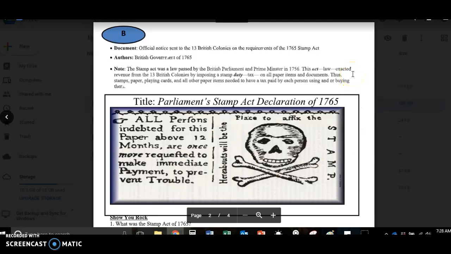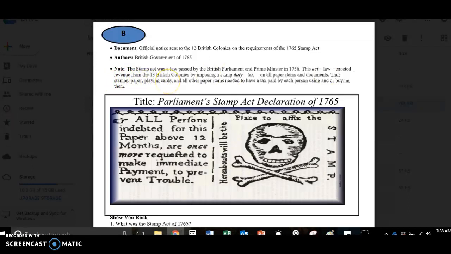As a result of this law, regular stamps for mail, paper, playing cards, and literally any other paper item now needed to have a tax paid by the colonists before the colonists would be allowed to use the paper item or even buy the paper item.